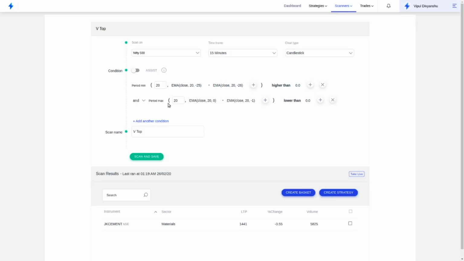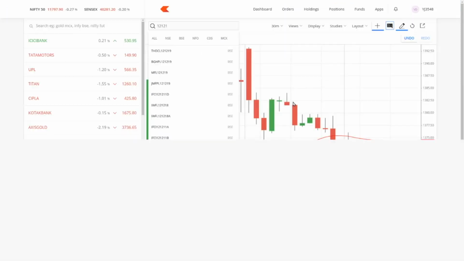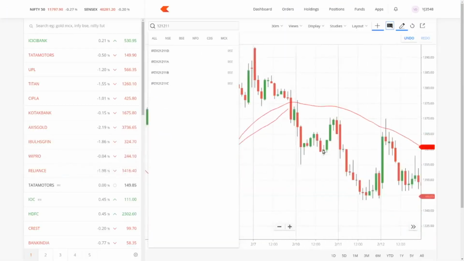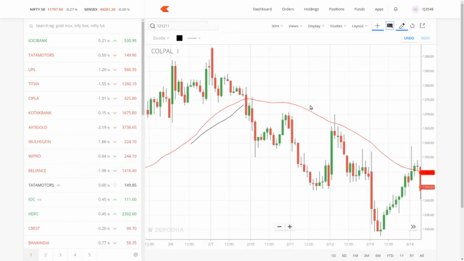The maximum value of that should be lower than 0, which indicates that after certain points, for example, if I try to draw here, this line is negative. Why? Because when I subtract this candle's EMA and this candle's EMA, the difference is negative. Okay, so the difference is negative.